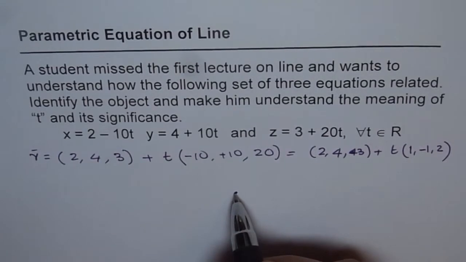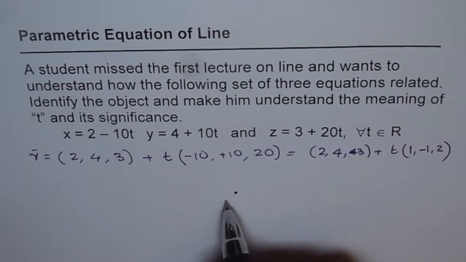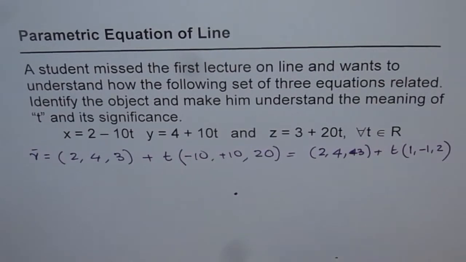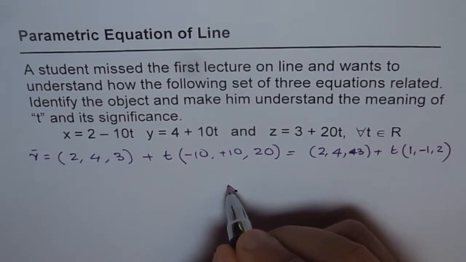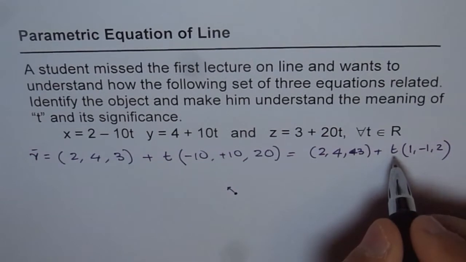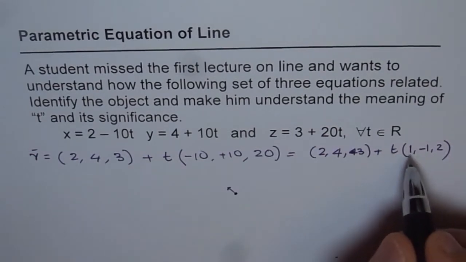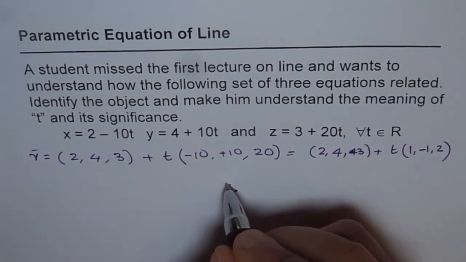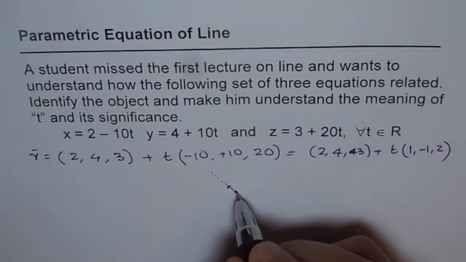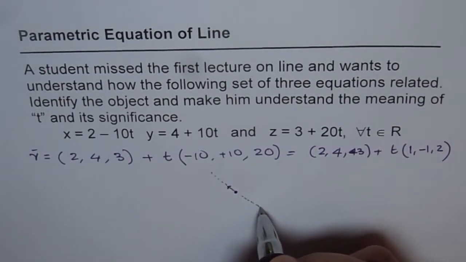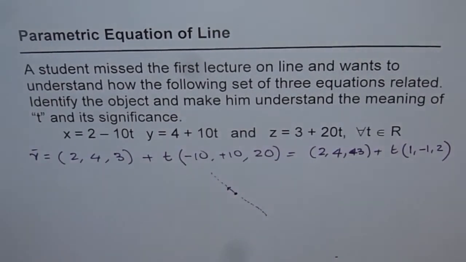That means 1 along the x-axis, minus 1 along the y-axis, and then 2. So let's say it moves in this direction, right? So t values, when you multiply by any real number, will give you points in this direction, and it could be negative too. Do you see that? So that is how it represents the whole line.